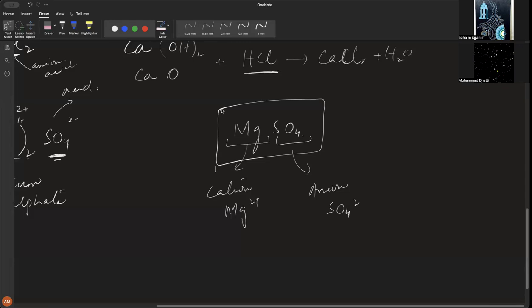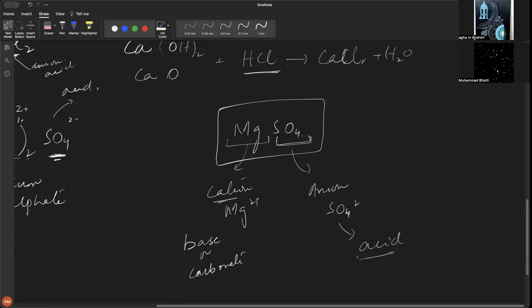So we have already understood that the cations in a salt always come from the base or the carbonate, and anions in a salt always originate from the acids that have reacted with the base or carbonate.